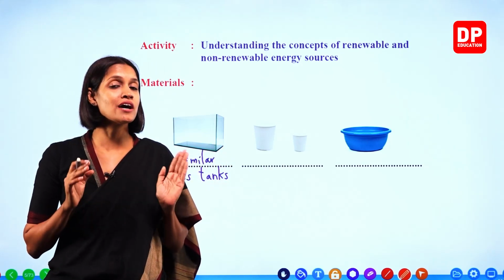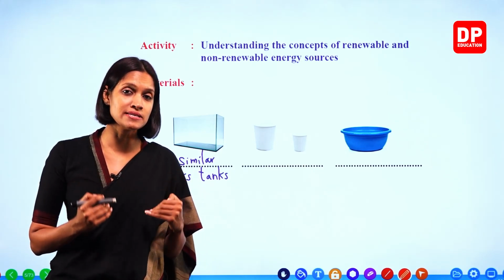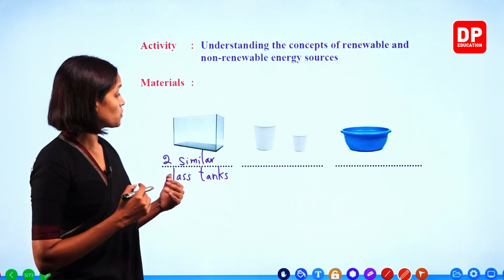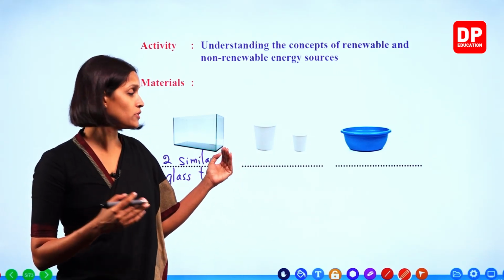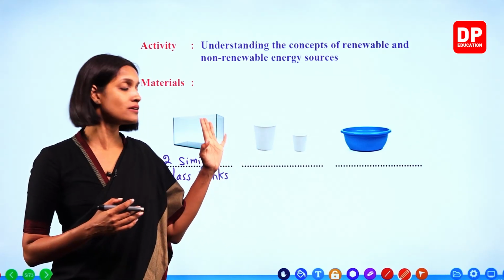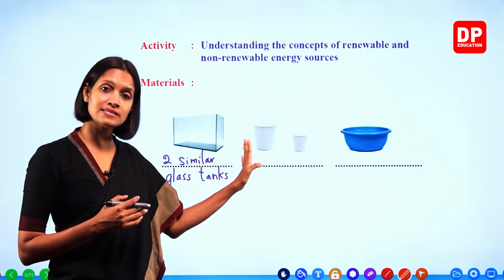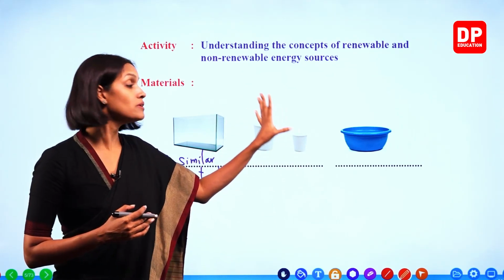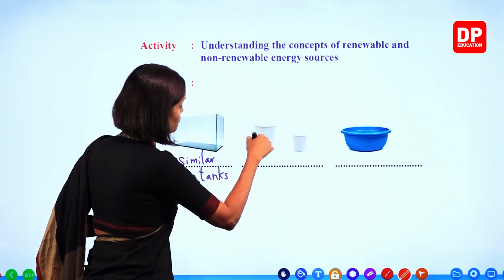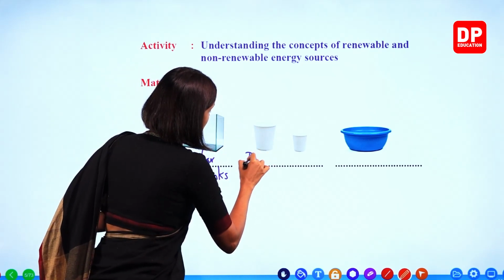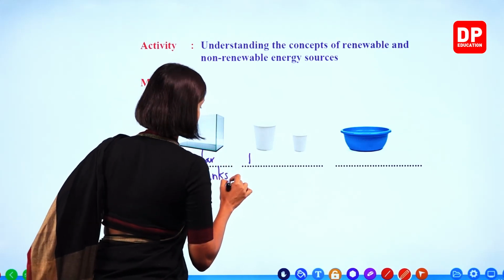But in the lab, I am going to do this activity by myself. So if you are doing it alone at home, which you can do very easily, then you need two similar sized cups and one larger cup than that. So we will write cups of different sizes.